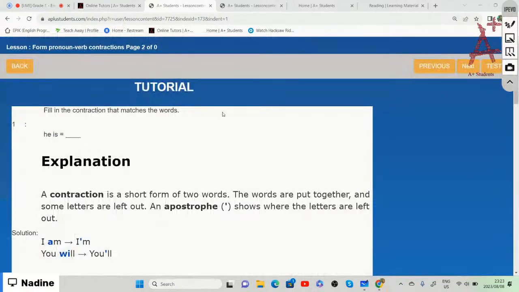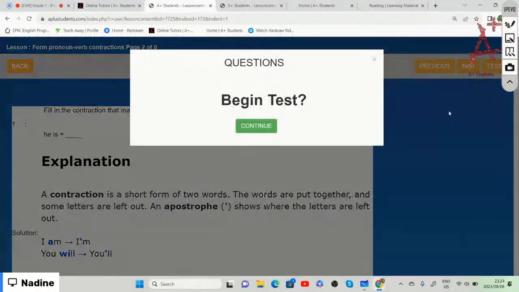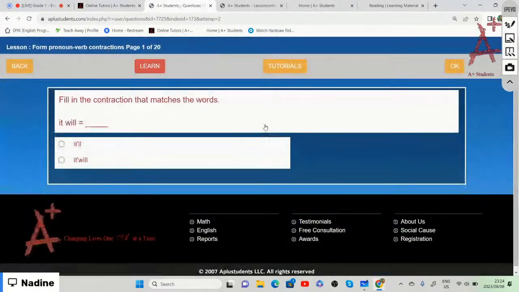We're going to do a little test in forming pronoun verb contractions. Okay, we need to fill in the contraction that matches the words.